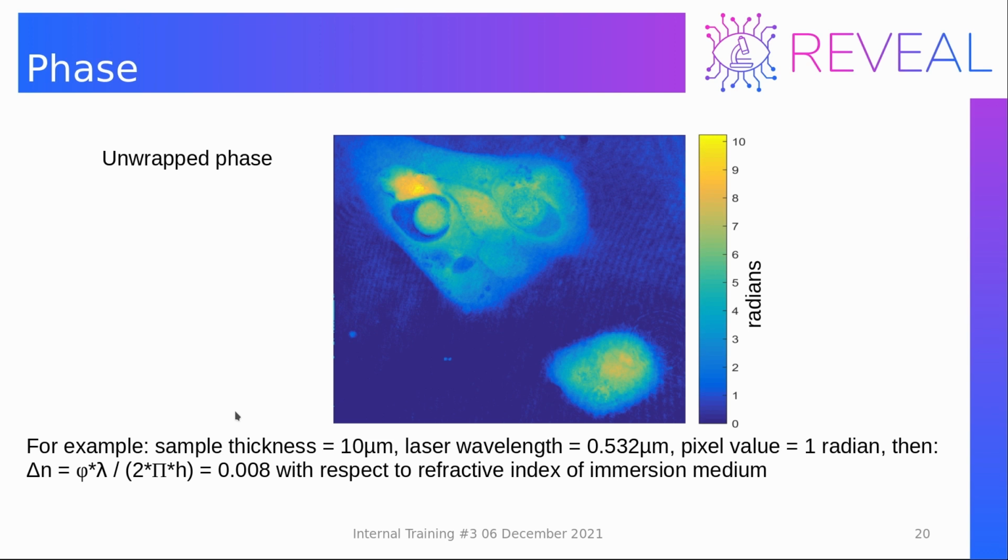If we knew the sample thickness, so let's assume that in this case it was 10 microns, so the cell was 10 microns thick.